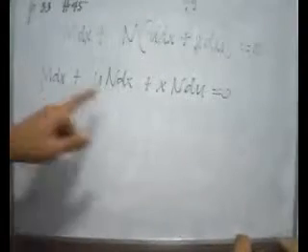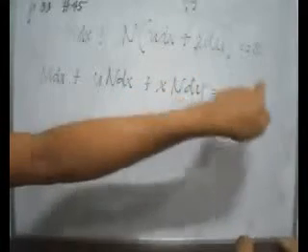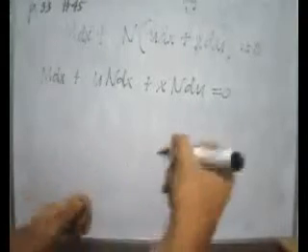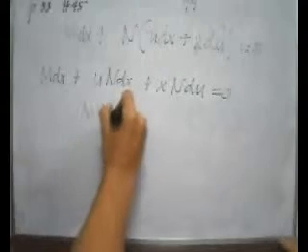Now if you factor out dx and transpose this other term, you'll have a separable differential equation: M plus uN dx equals negative xN du.